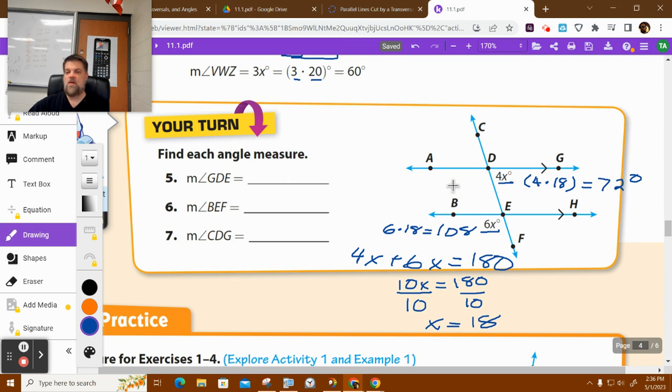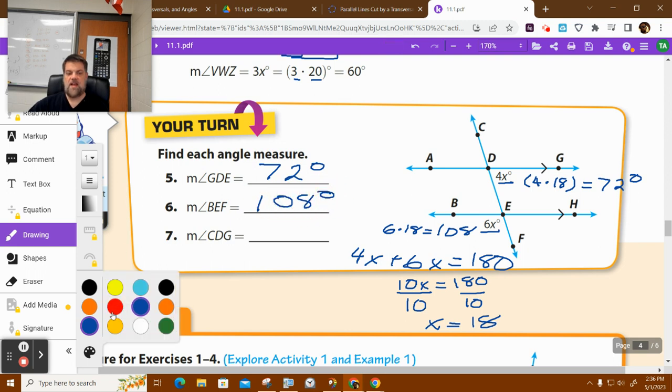So now they want to find the measure of GDE. So I go G to D to E. That is 72 degrees. Then they want BEF, that's this one, that's 108. Now the last thing they want to know is CDG.